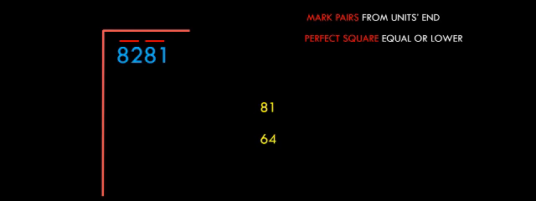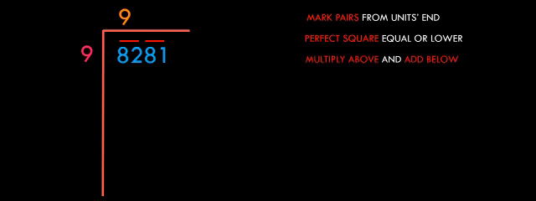It can be 64 also, but 81 is closer to 82 than 64 is, so we will consider taking 81. 81 is 9 square. So we will write 9 at the top and at the left side of the question as shown. Then we will multiply above and add below.